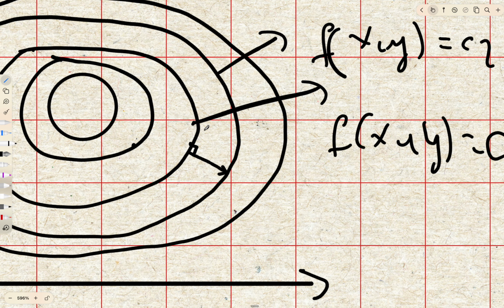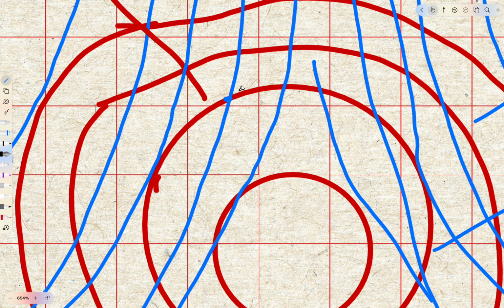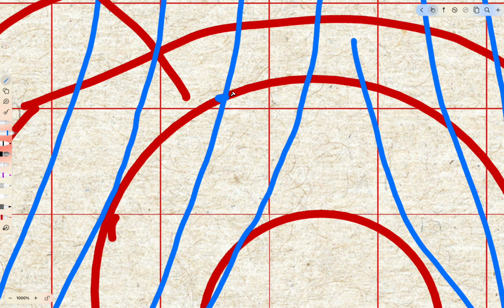So if we look at this point and say that this is a minimum or maximum, it is not possible, because if we just go a little bit into this direction and take this point, the value of f is bigger here than it is here, and it also satisfies the constraint.